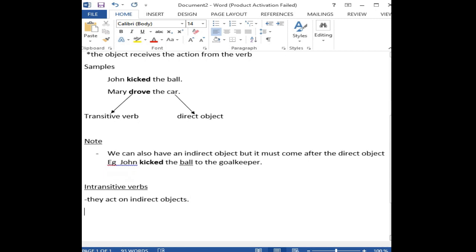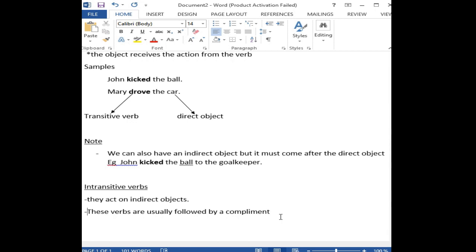Then we add that these verbs are usually followed by a complement. Now remember, in English, a complement is any part of speech that is used to give additional information.